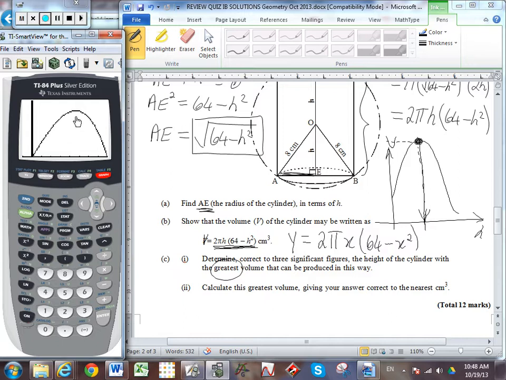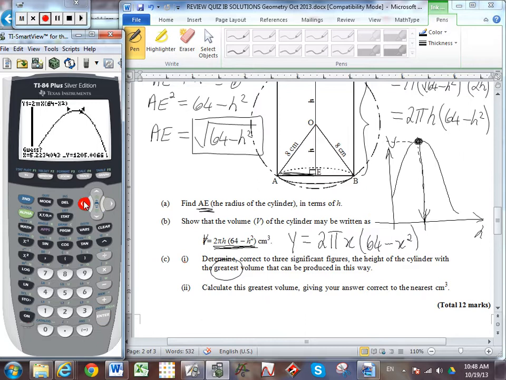I'm interested in finding out what height produced this maximum value of volume. So I'll press second calc, and go to option 4, maximum. I'll move my cursor a little bit to the left of the maximum that I'm trying to find, and hit enter. I'll move it a little bit to the right of the maximum, and hit enter.